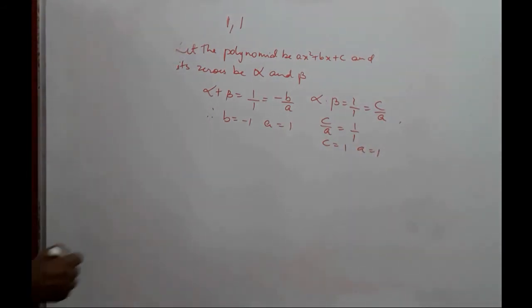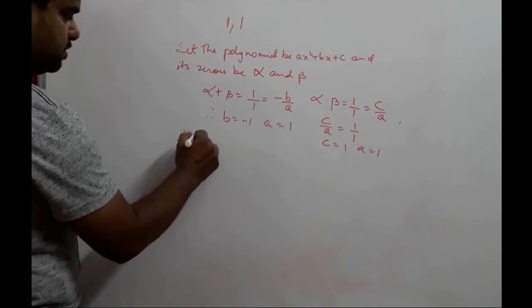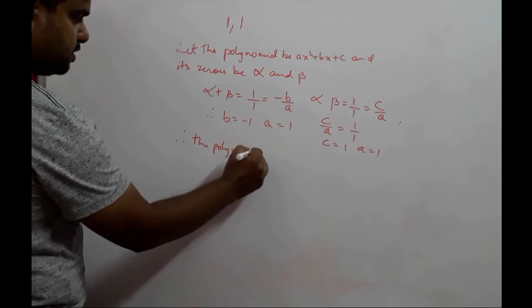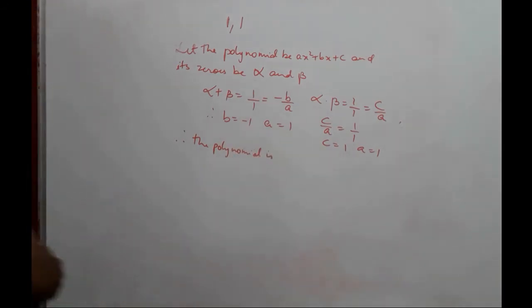So from this we can write down the polynomial: we've got a equal to 1, b equal to minus 1, and c is equal to 1.